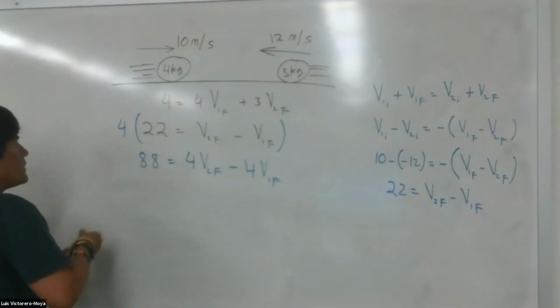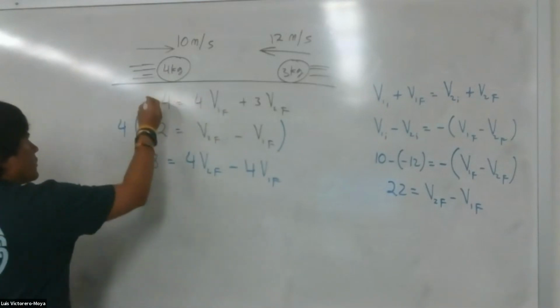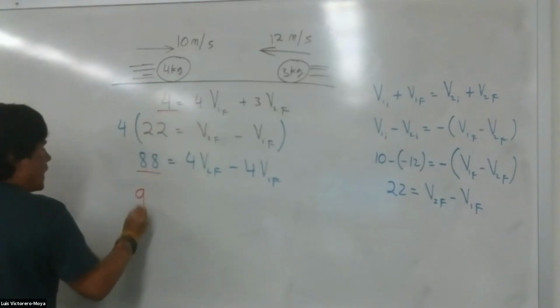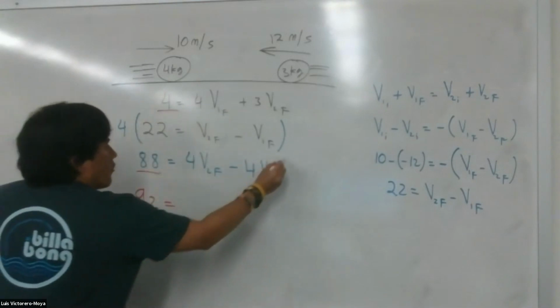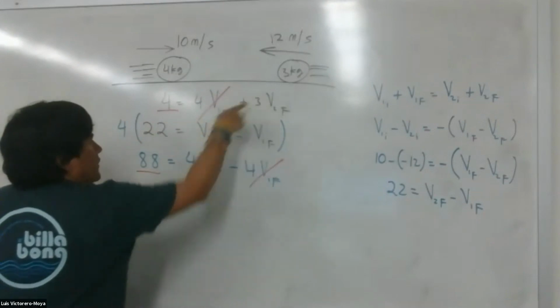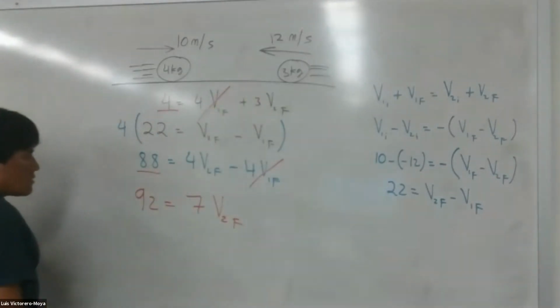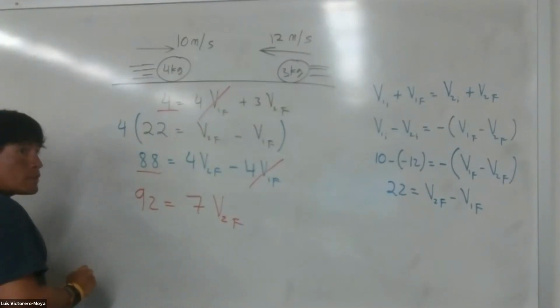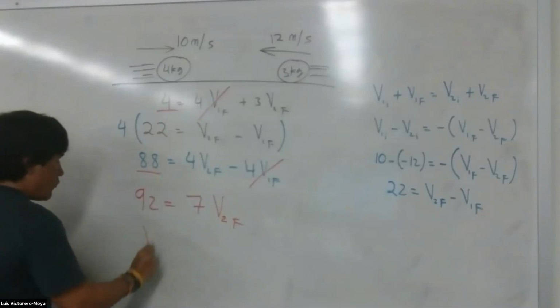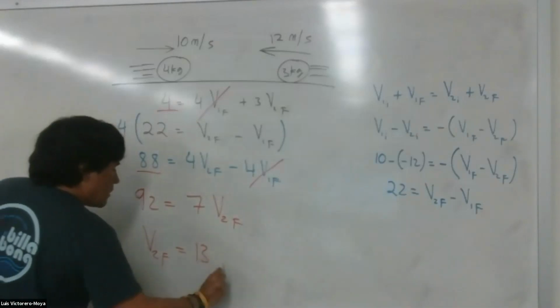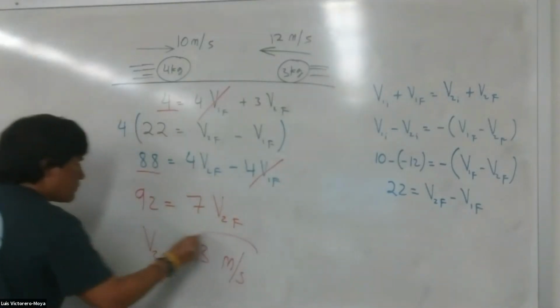And then if I add these equations, 4 plus 88 is 92. The 4 V1 final and minus 4 V1 final cancel, and I have 4 V2 final plus 3 V2 final, which is 7 V2 final. And that will give me almost 13, right? So V2 final will be 13 meters per second.